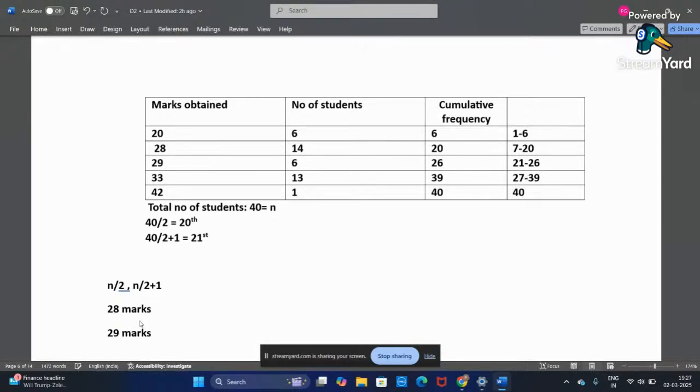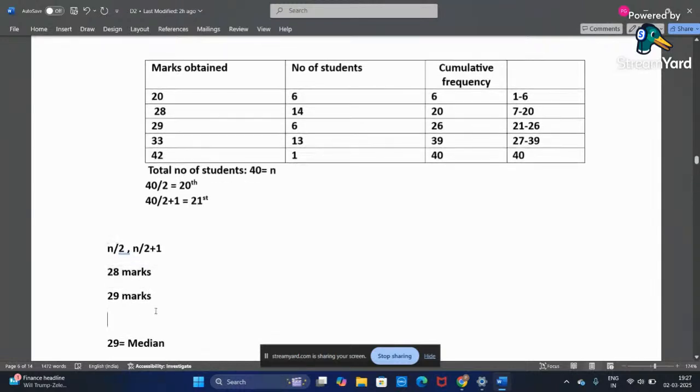So in this case, if it was in only one row, then we can directly write the same number as your median. But here we are getting two numbers. So we have to add both these numbers and divide by 2. What will you get? 28 plus 29 by 2. 28 plus 29 is 57.